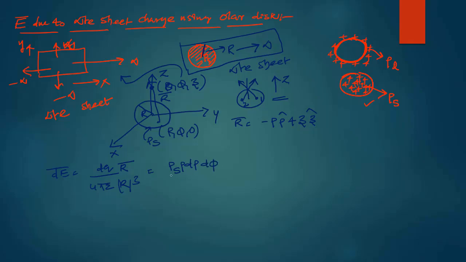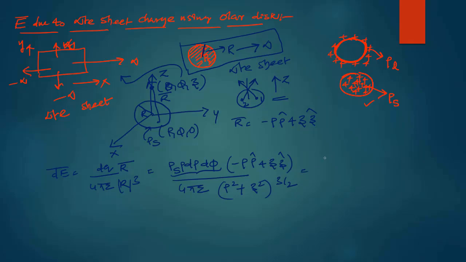Everything is related: dq by 4 pi epsilon, magnitude of r, is minus rho cap plus z cap by rho square plus z square whole power 3 by 2.